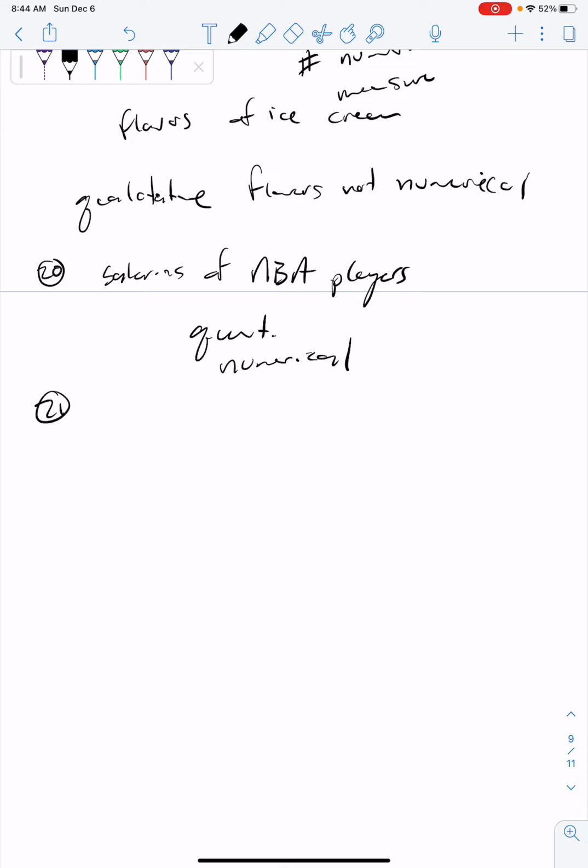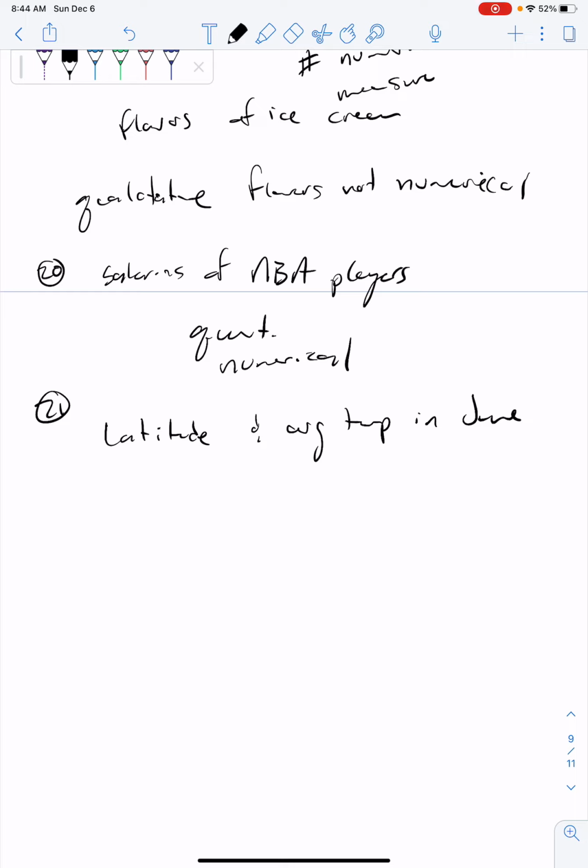Number 21, for the following pair of variables, state the units that you would measure, then whether you believe they're correlated. All right, so latitude and the average temperature in June.